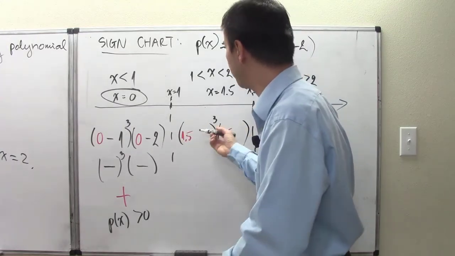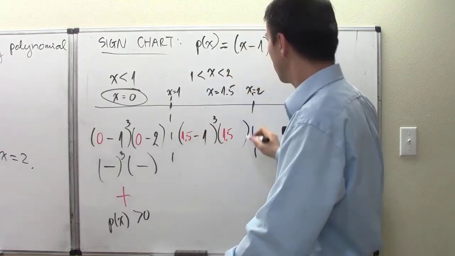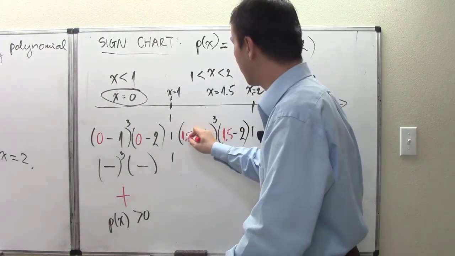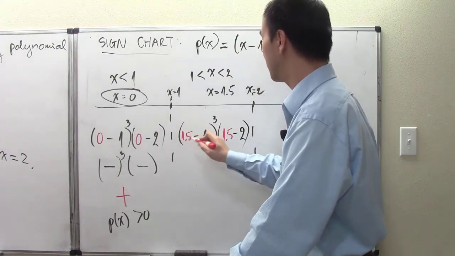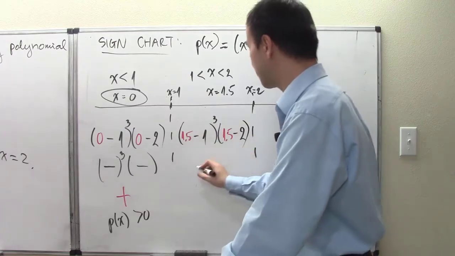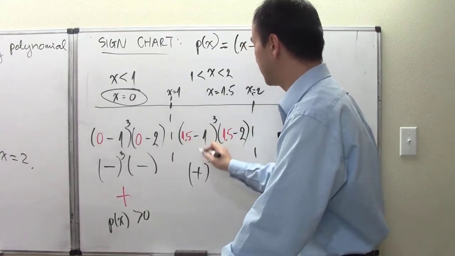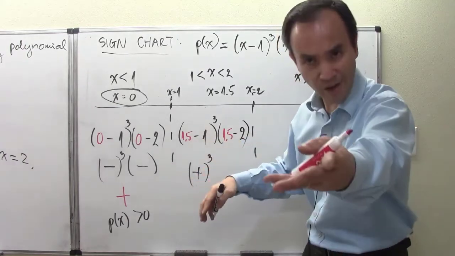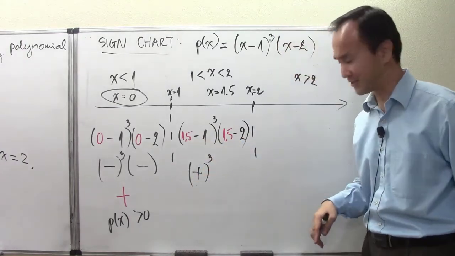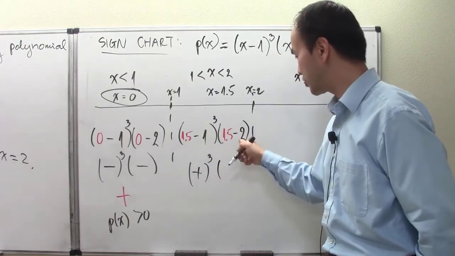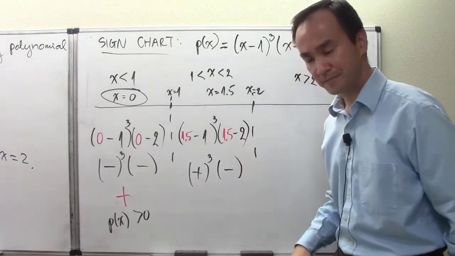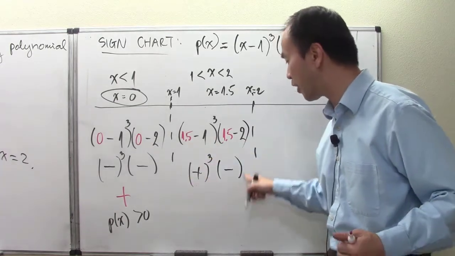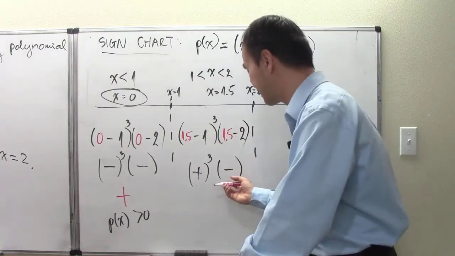This is 1.5 minus 1, and then there's a 1.5 minus 2. 1.5 minus 1 is a positive factor, and then we raise that to the third power, and your calculator can verify that for you. Then 1.5 minus 2 has to be a negative factor. So a positive factor raised to the third power, multiplied with a negative factor, your overall sign at the end has to be negative.